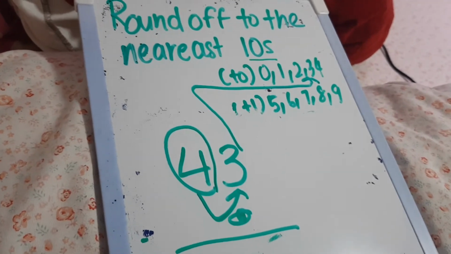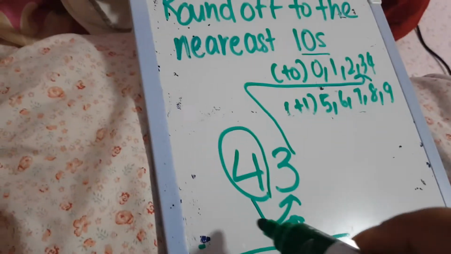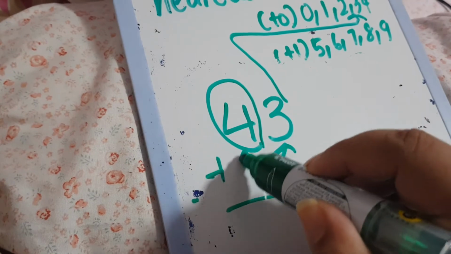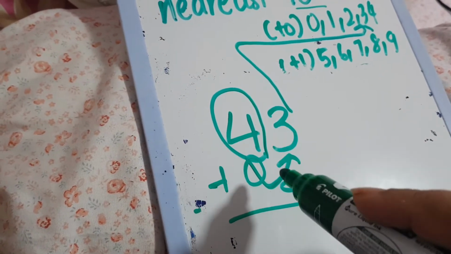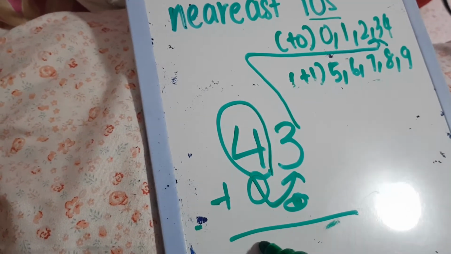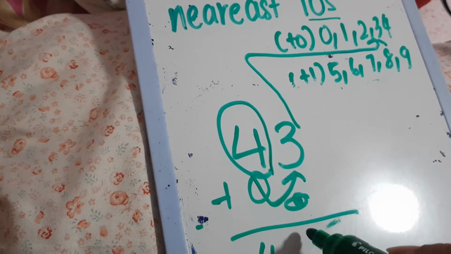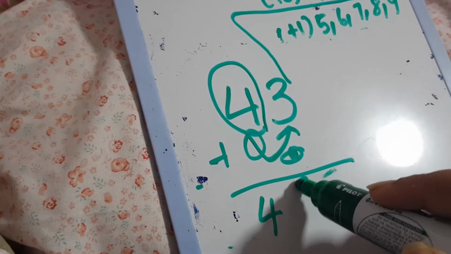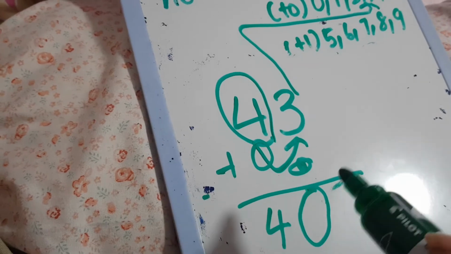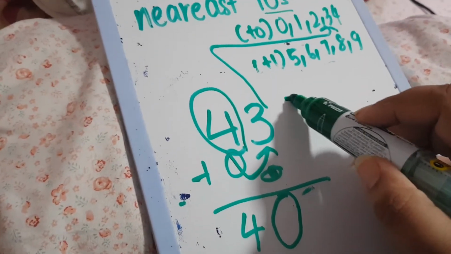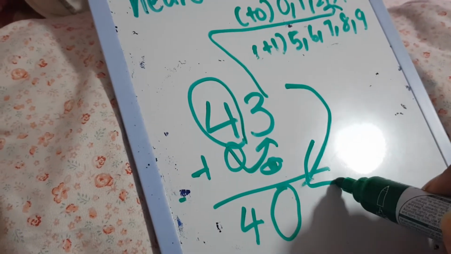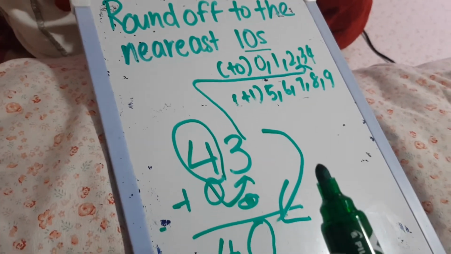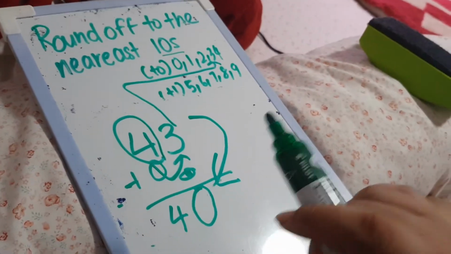So we round down. We add 0 to the tens place. 4 plus 0 is 4. Everything at the back becomes blind, it is 0. We have rounded 43 down to 40 in the tens place.